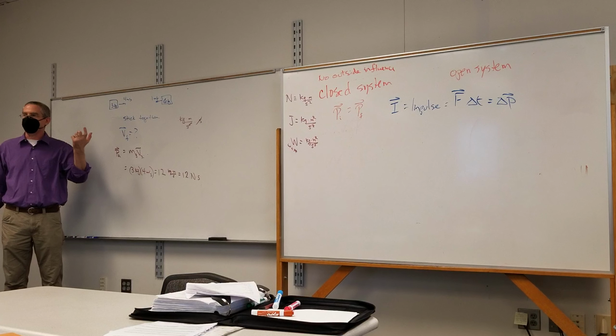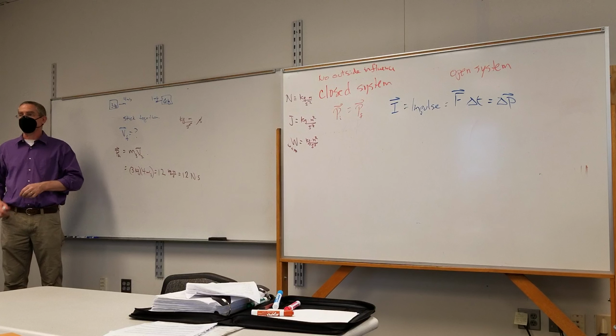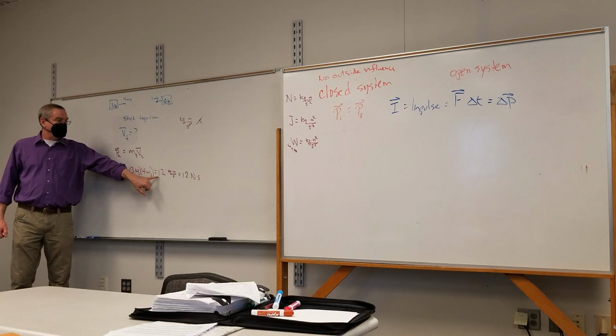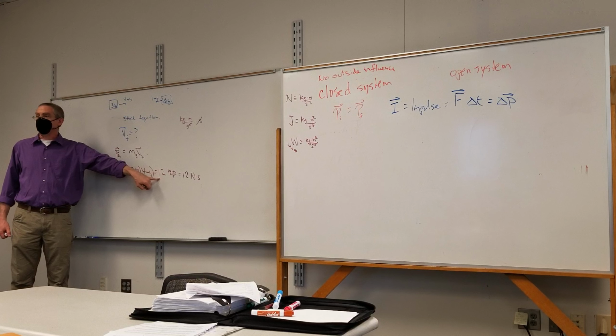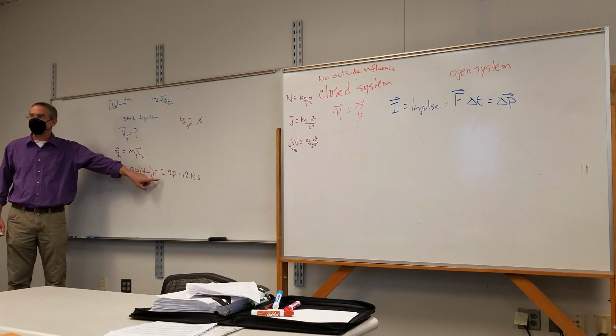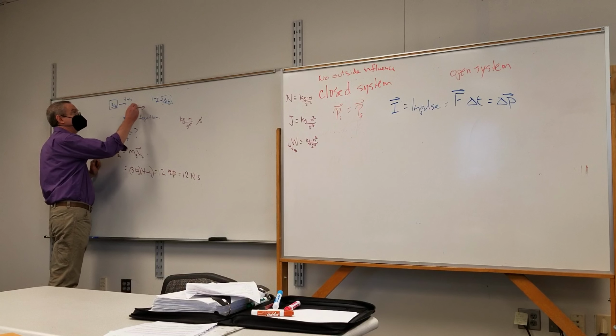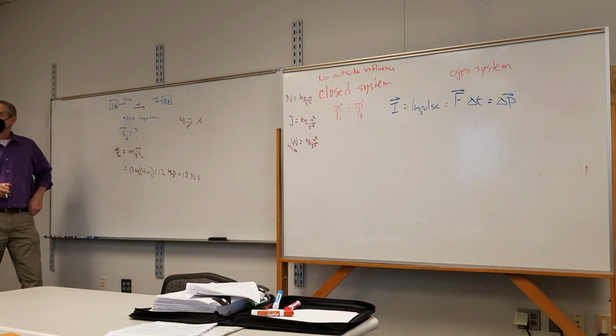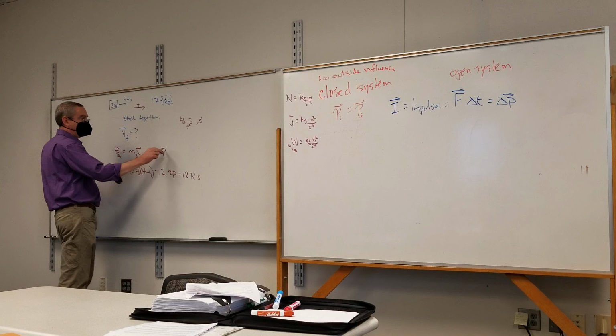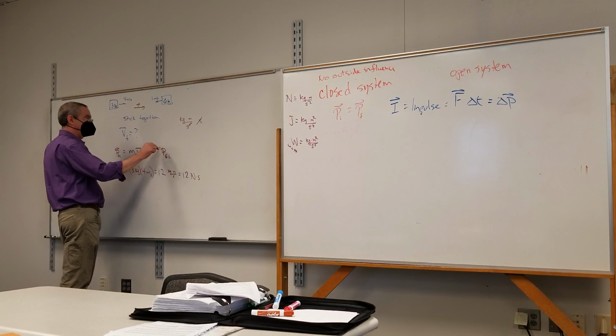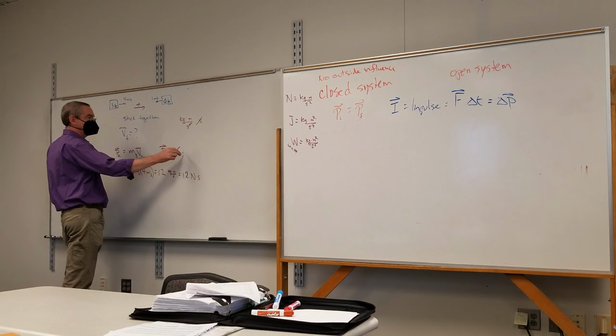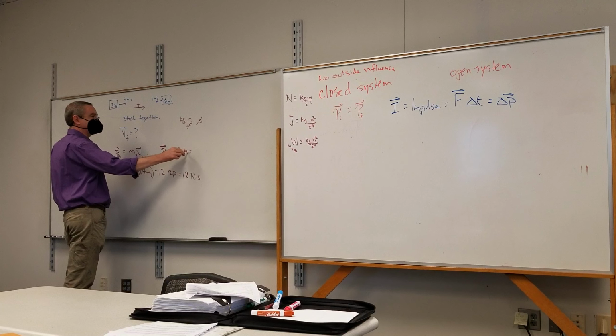We're dealing with vectors, there is a positive and negative direction. If the person had said negative 12, that would have been fine, that would just define positive in the other direction. But this sets our convention that to the right is positive. And so P6 initial is 6 kilogram meters per second.